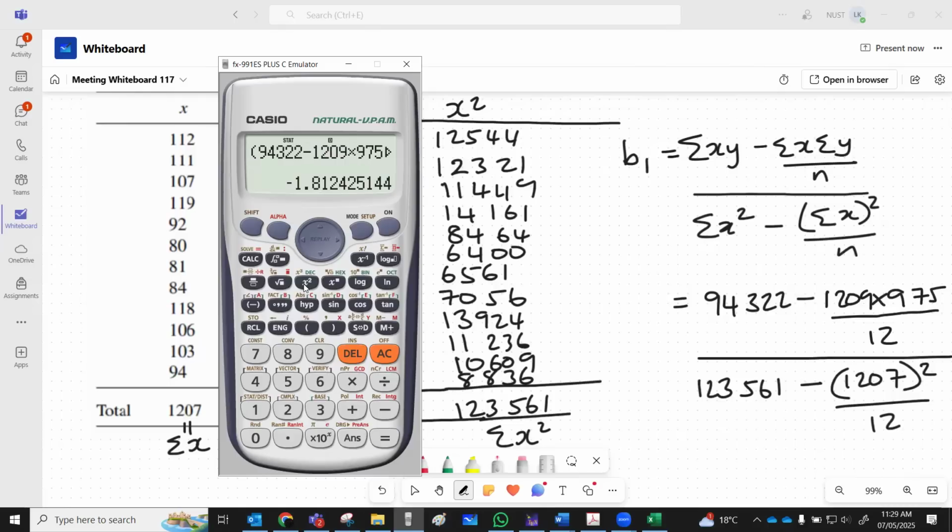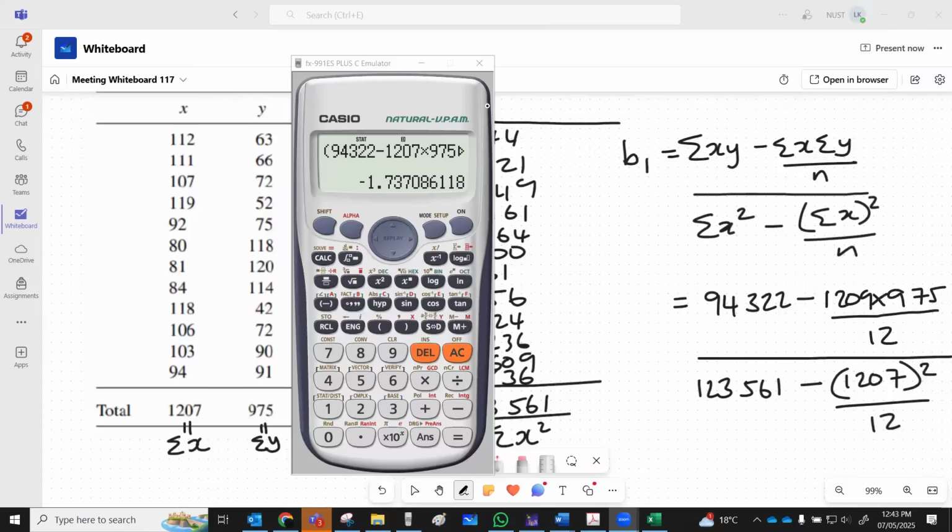Okay, and here, why am I getting a number that is more than 1? Let's see. No, it's fine. I think I see the mistake I made here. I wrote 1209, but it should actually be 1207.